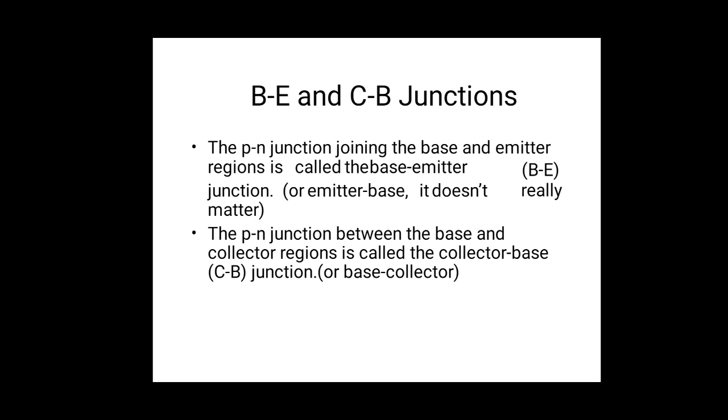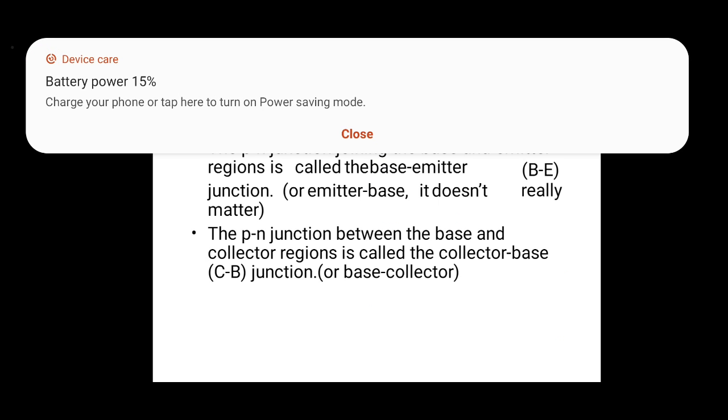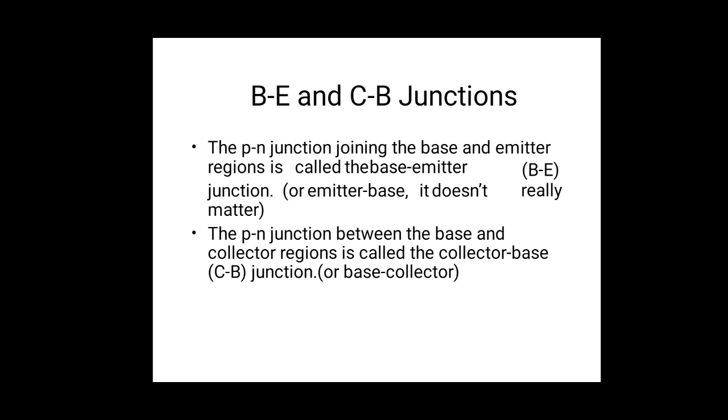The PN junction between the base and emitter regions is called the base emitter junction, and the PN junction between the base and collector regions is called the collector base junction.